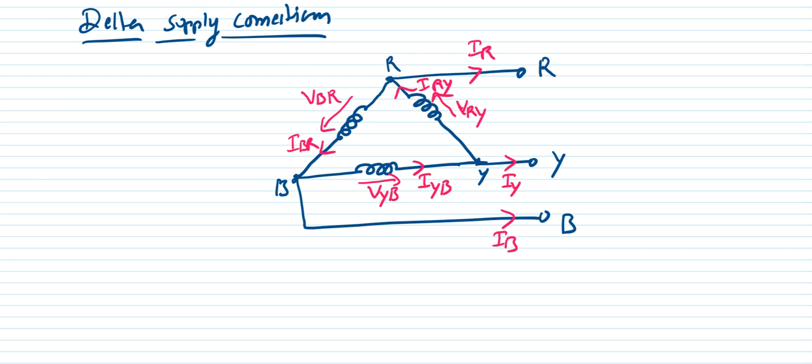Similarly, we can write the voltage between these two lines, VRY, then VYB, and the voltage between these two lines is VBR. So like that you can define them here.